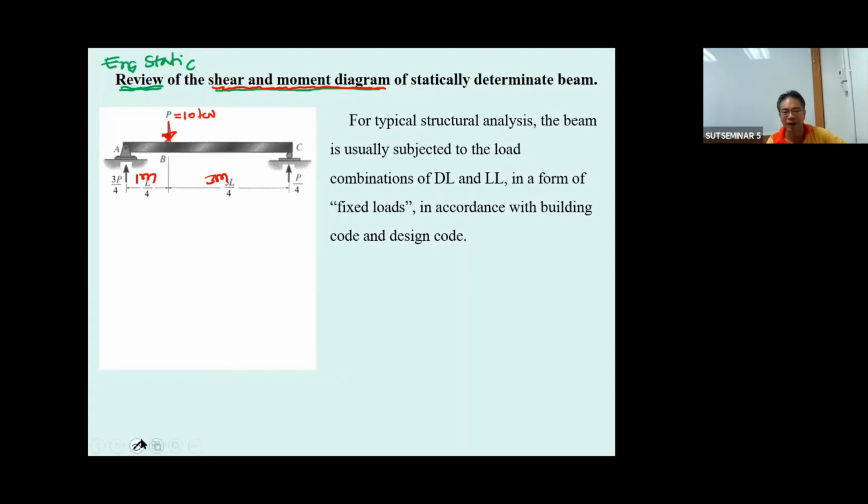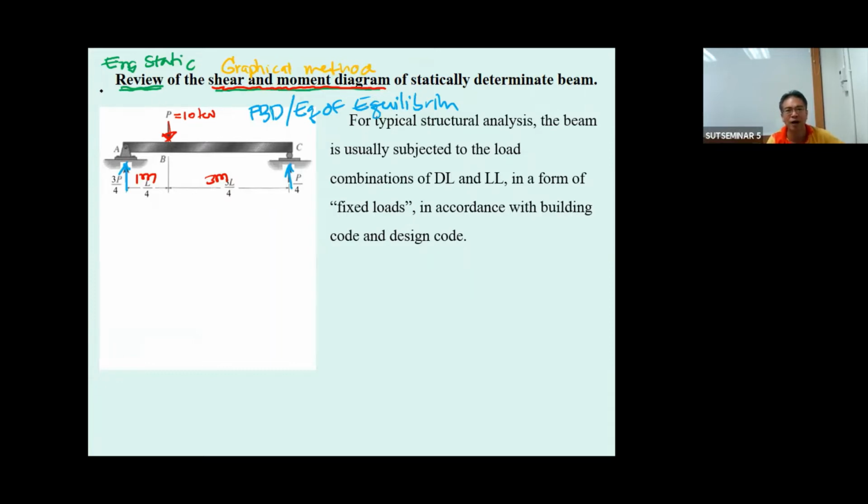Sure. You check what the reactions are here. You draw the free body diagram, and then you use the equations of equilibrium. You can determine the reactions.